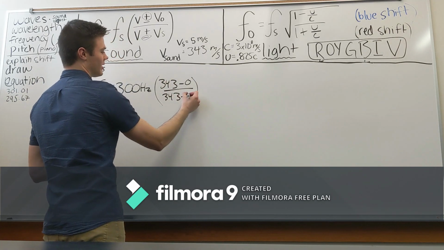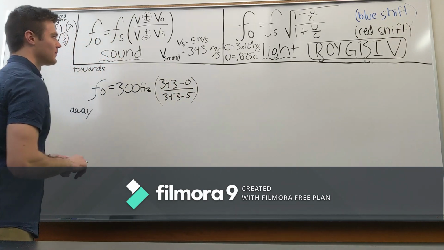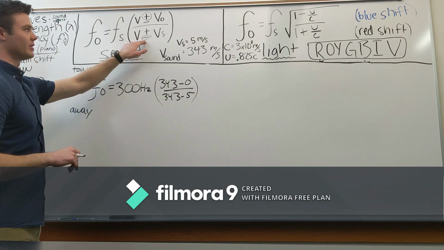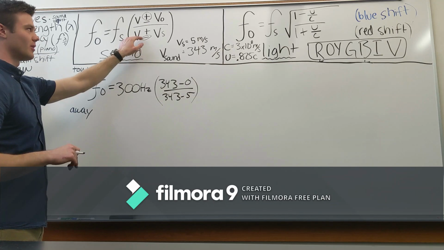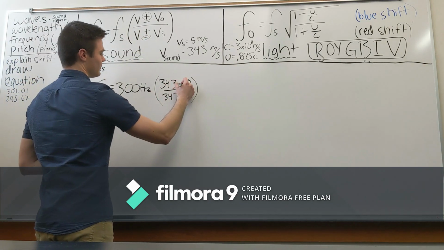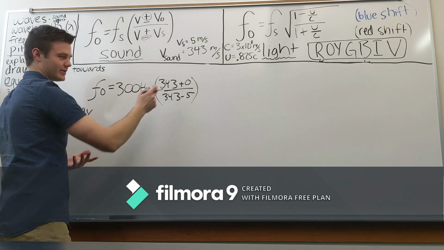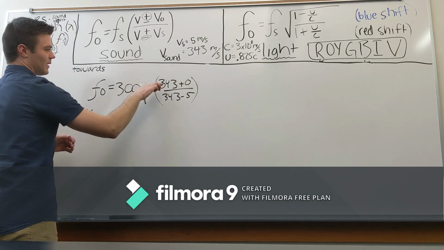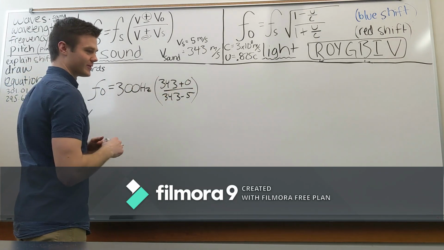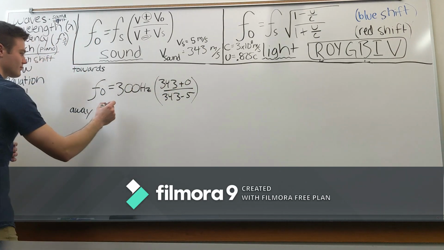Because the source is moving towards our observer, we're going to use minus because we want our denominator to be smaller. And we would use plus for the observer, it doesn't matter because it's 0, but we want our numerator to be greater because we're moving towards, so we're going to have a higher frequency.